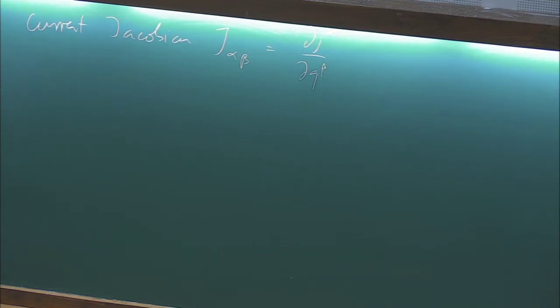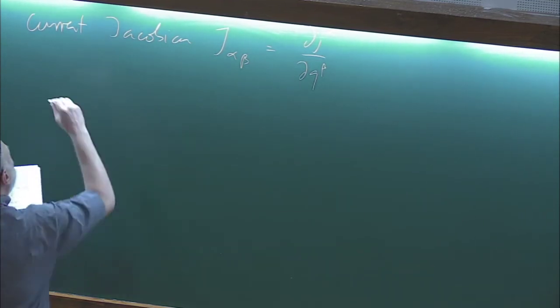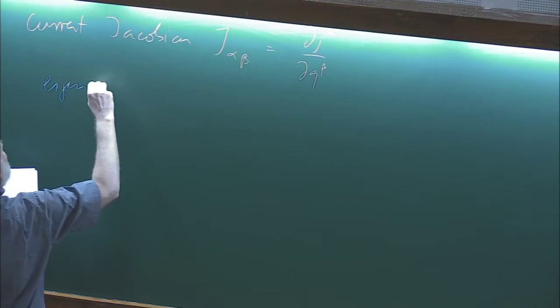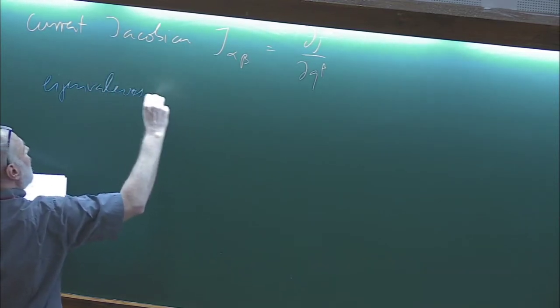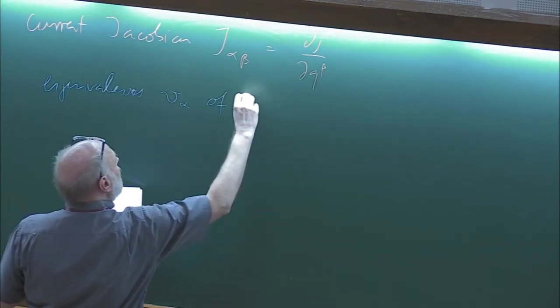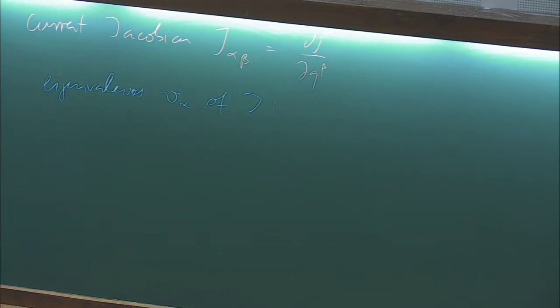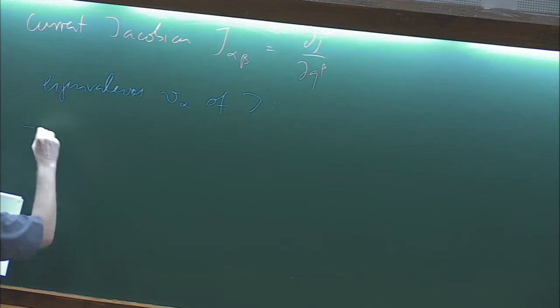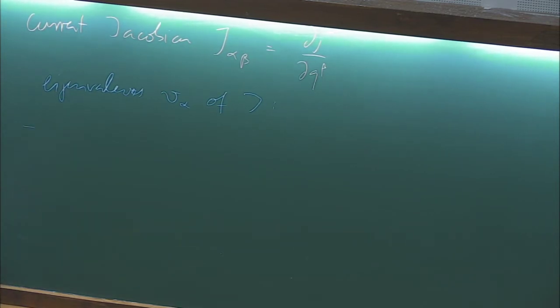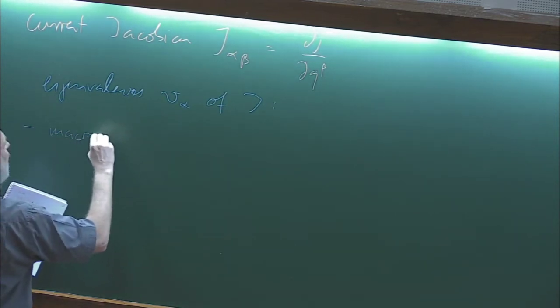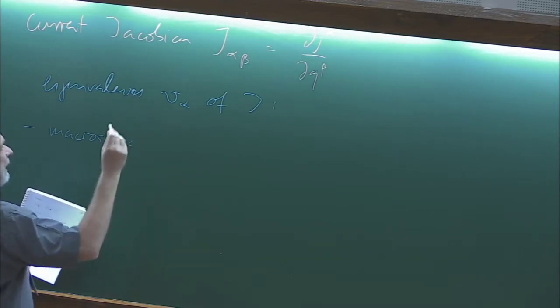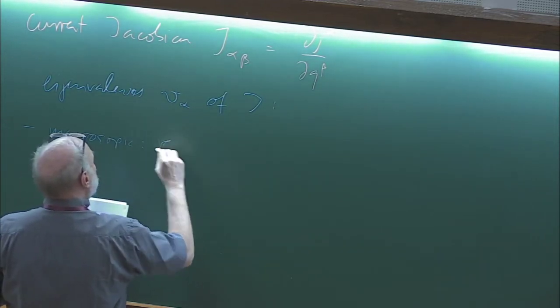Now this Jacobian is a matrix. It has eigenvalues, v alpha of J. These are the characteristic velocities. We also heard about this yesterday. These have two interpretations. On the macroscopic level, on the PDE level, these are just the velocities of the characteristics.